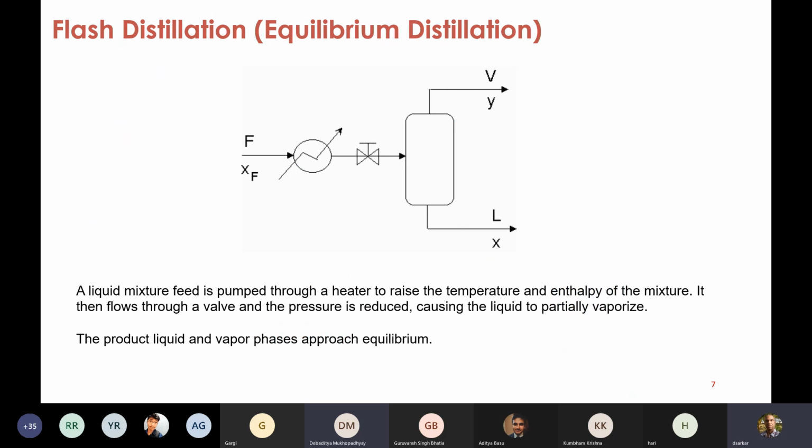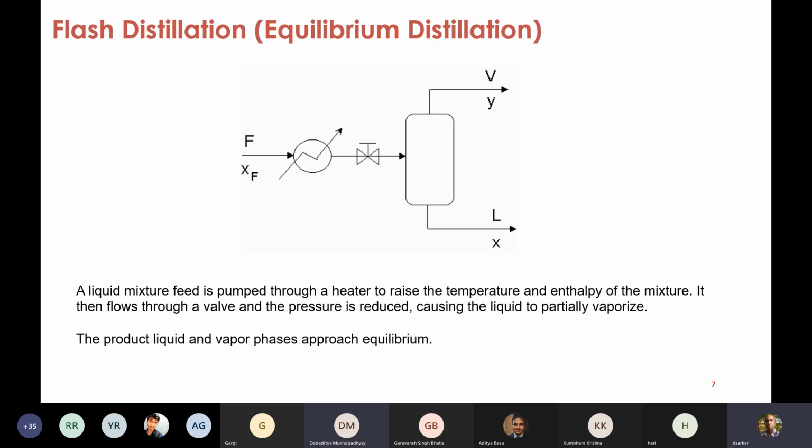So before we understand how this simple distillation works, or in other words, we derive Rayleigh's equation, just let me spend one slide discussing flash distillation, also known as equilibrium distillation or flash vaporization.